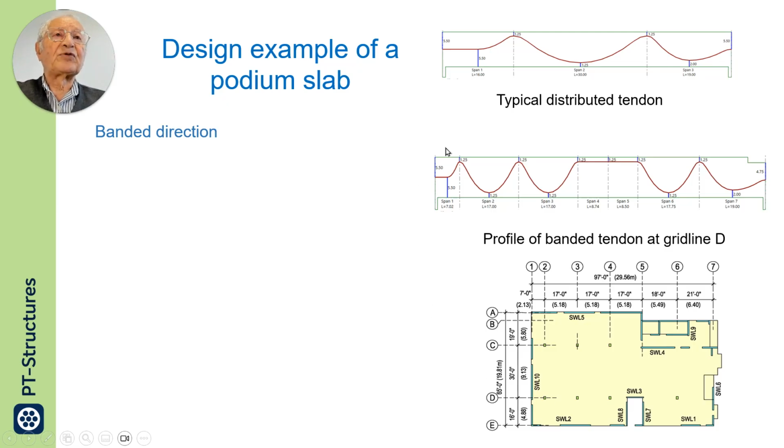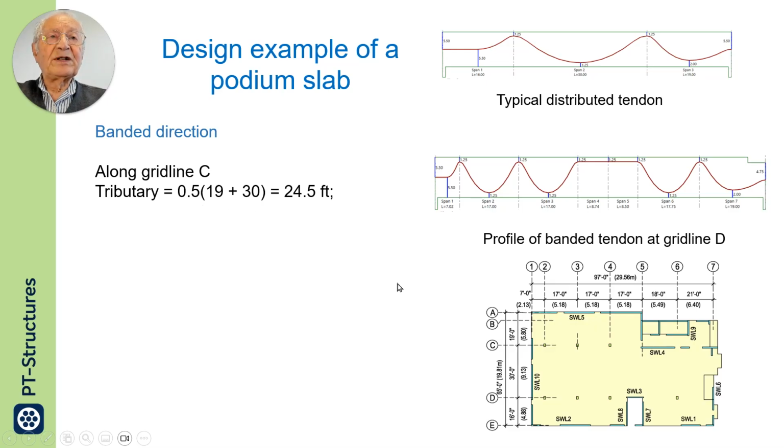I have the profile in this profile here, with the flat on the top is line D here, where there is a wall. The tendon goes free over the wall. In the transverse direction, I have a profile like this.